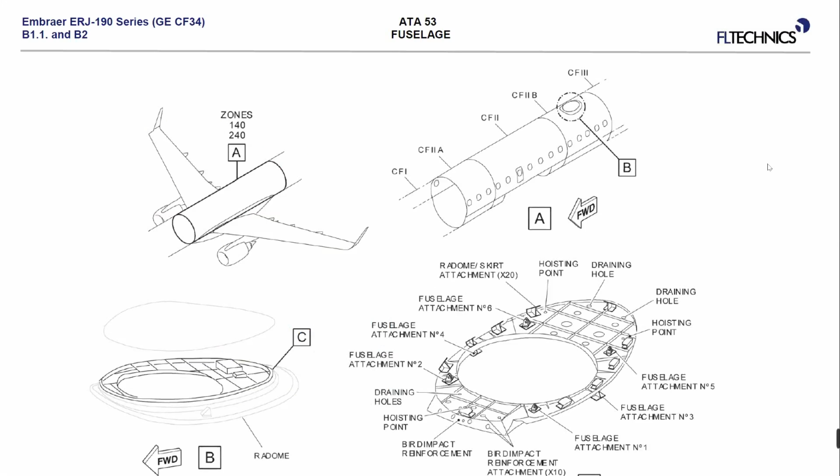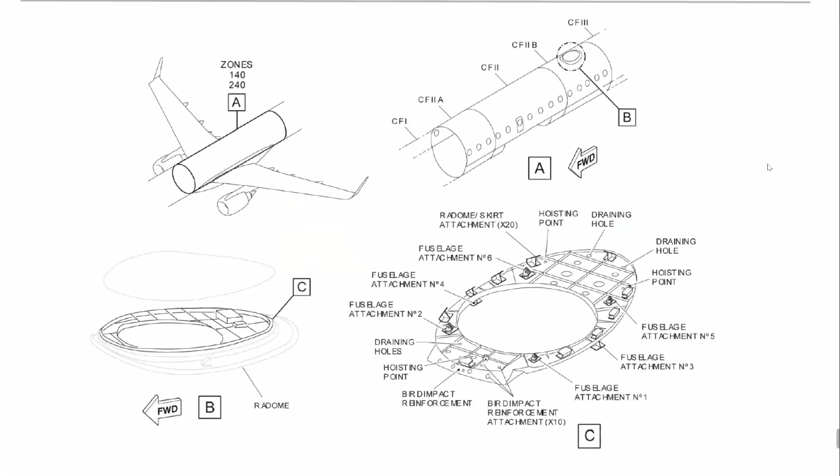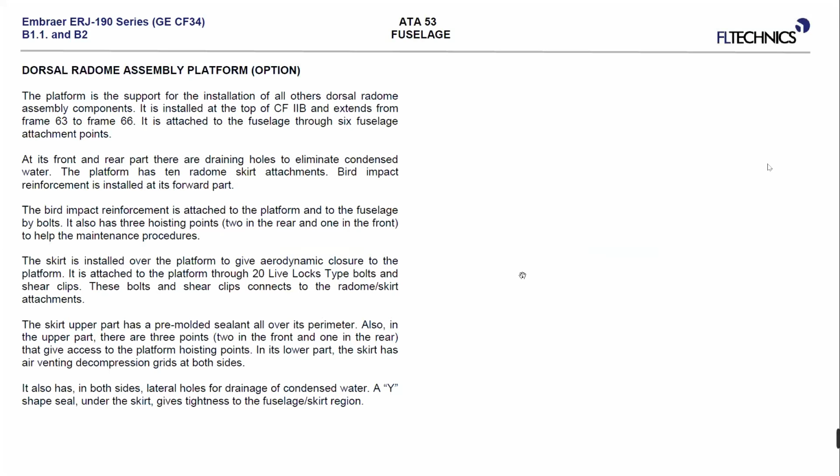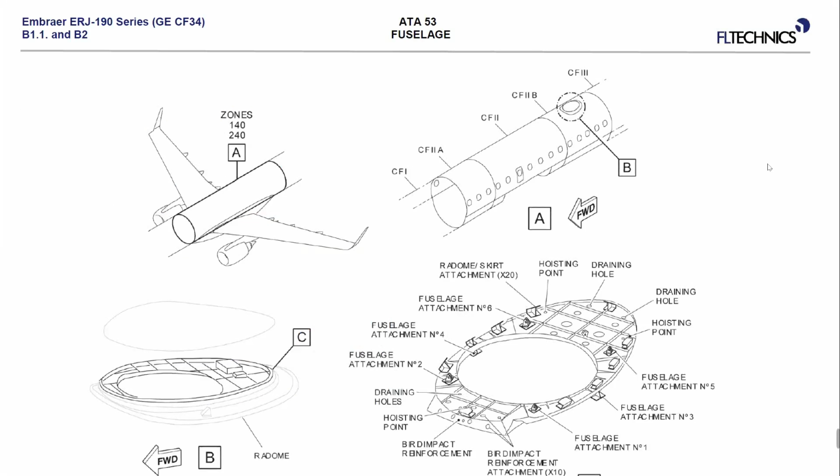So for that reason, this part of the upper fuselage needs a hole, and this hole has to be reinforced here with this dorsal radome assembly platform, and then we can put some antennas, as I told you, for satellite communication, for mobile communication, or maybe some Wi-Fi antenna or whatever. But this is really optional.